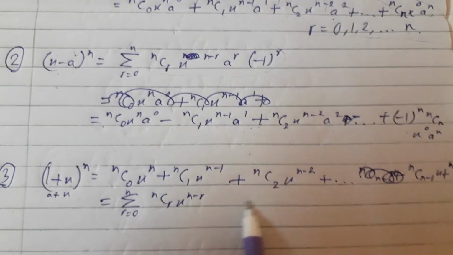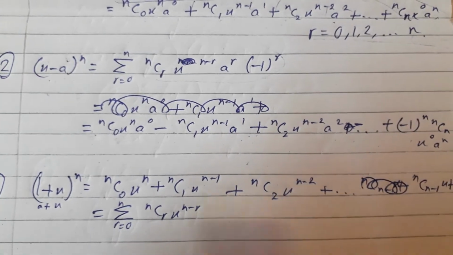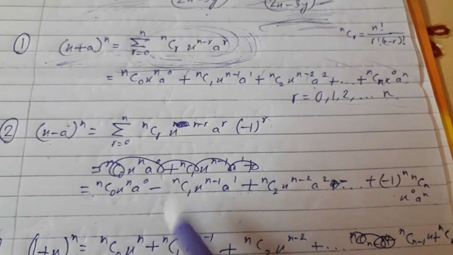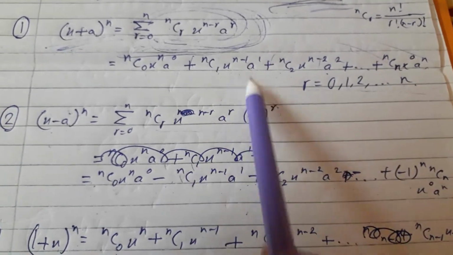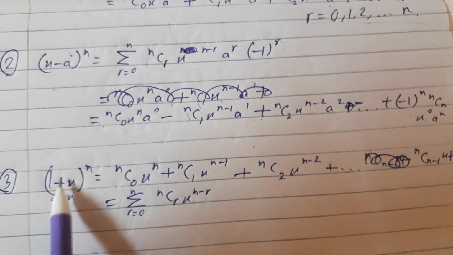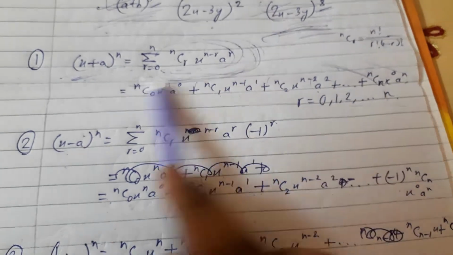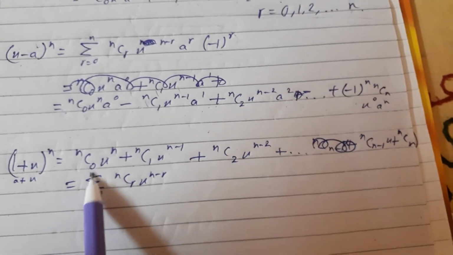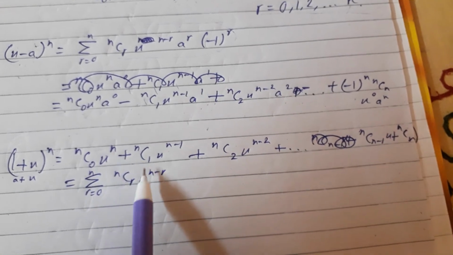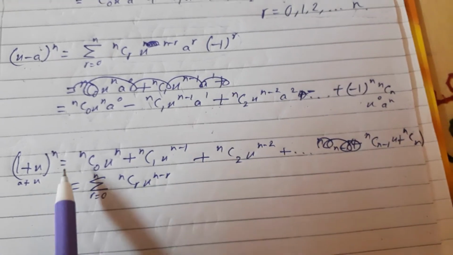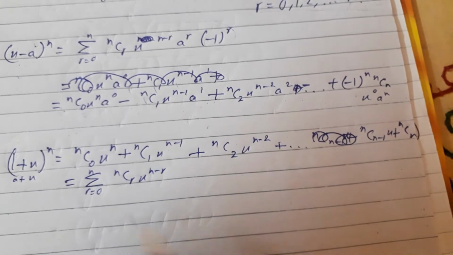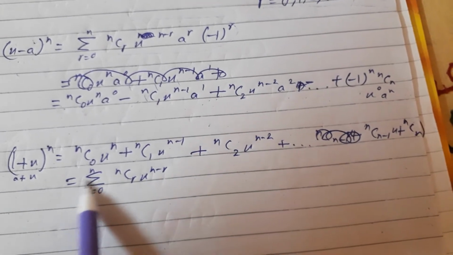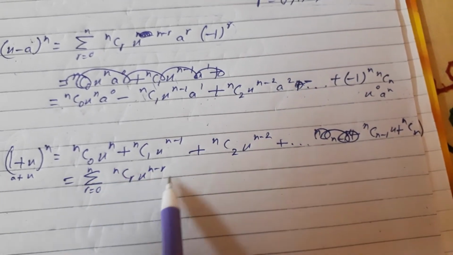This formula comes from the two formulas that you have learned. If you take 1 as a and x as x, this will come here, that is nC0 x^n + nC1 x^(n-1), because 1 to the power r is always 1. So we can write it as summation nCr x^(n-r).